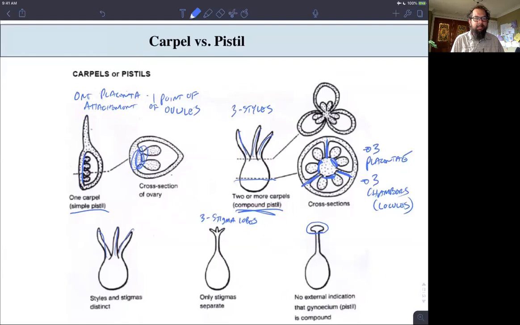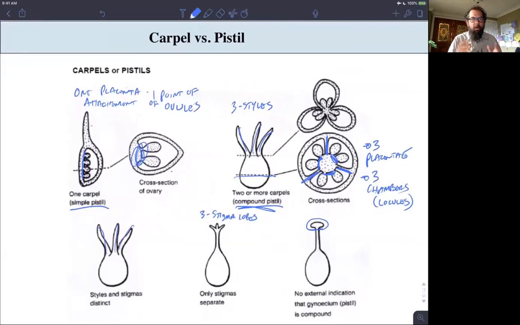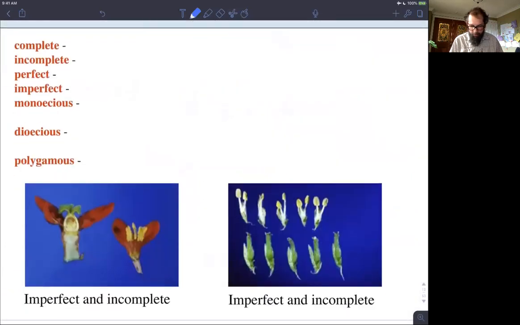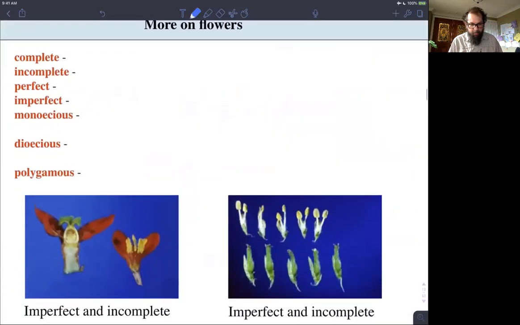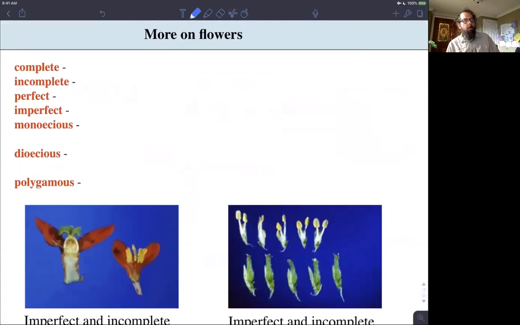I want to end this just talking about when we have all of these flower parts together or separate, and go through a few more terms that we can use to describe some of these flowers. And so here's a bit more on flowers. We call a flower complete when all 4 whorls are present.